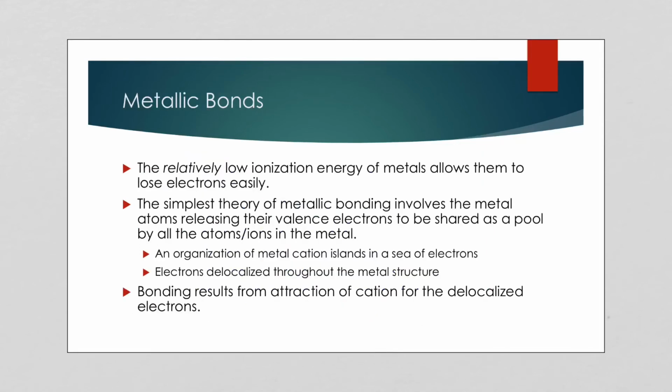Now, metallic bonding, again, this is one that we're not really going to look at too much. This is the kind of bonding that takes place in bulk metals. So if we have a sample of iron or gold or whatever. Since metals have these low ionization energies, when they bond with other metals, right, not everything can lose electrons. Well, they can, and this is how we sort of think of it.